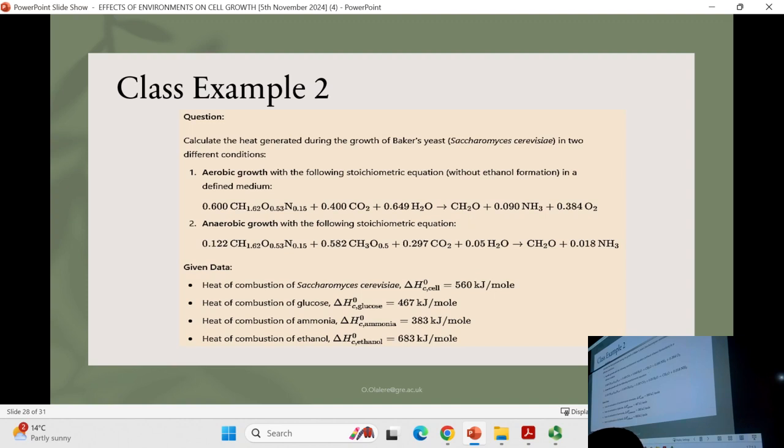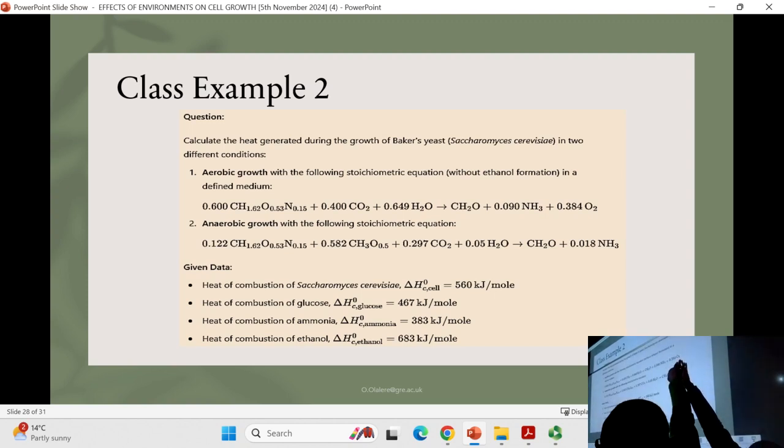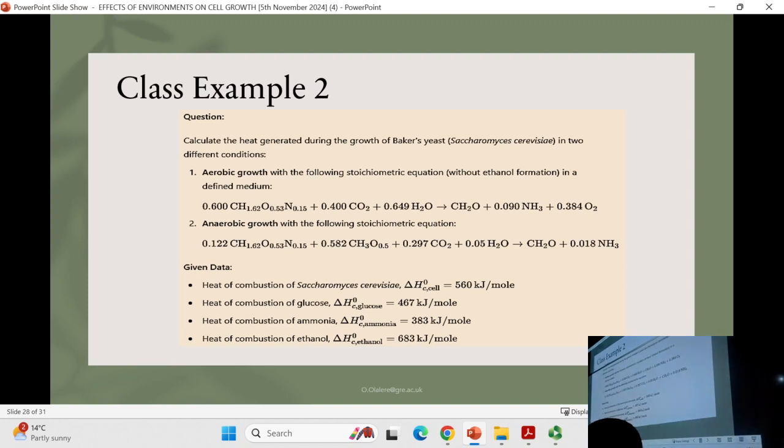No, this is more or less a substrate. So we have CH2O, so that is 1 multiplied by what? Minus, because it's on the other part, right? So anything here is minus. So minus 1 multiplied by 560, right?